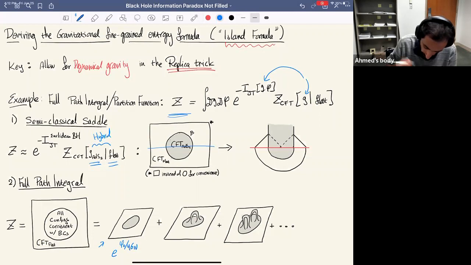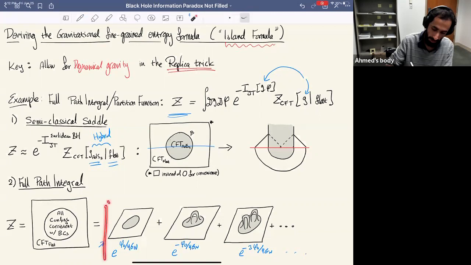If you add one handle, then the Euler character tells you that this thing should become e to the minus phi naught over 4 G Newton, and this is e to the minus 3 phi naught over 4 G Newton. So spacetimes of higher topology are more and more suppressed. Okay? So this term here is the leading term when computing this partition function. Any questions so far?